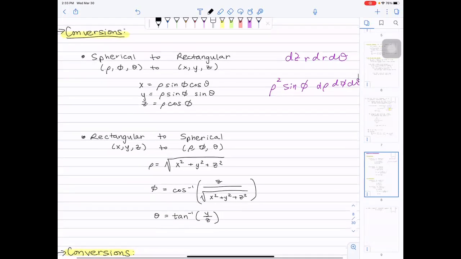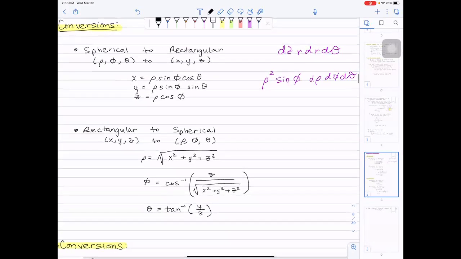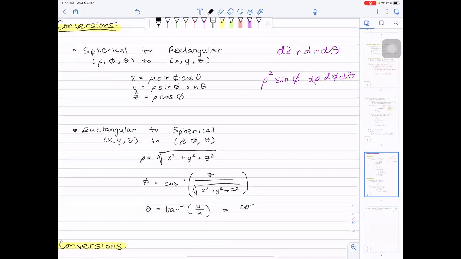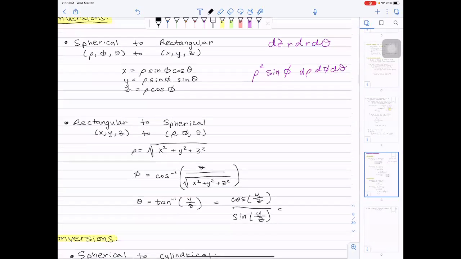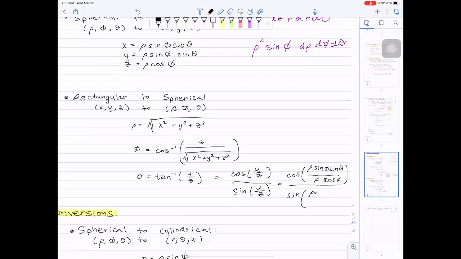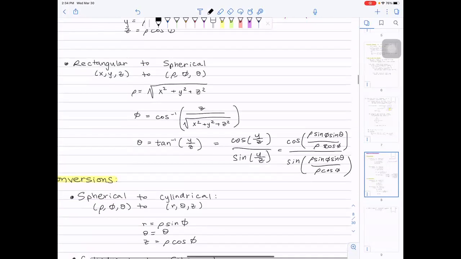So inverse tangent would be y over z, and y is rho sine phi sine theta, z is rho cosine phi. So I'm plugging in our conversions. Okay, and then the rhos cancel out.